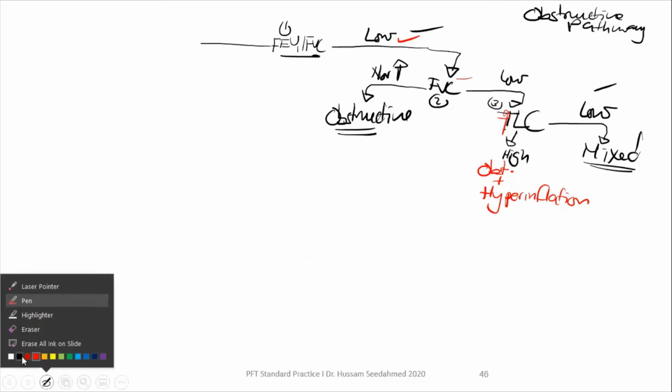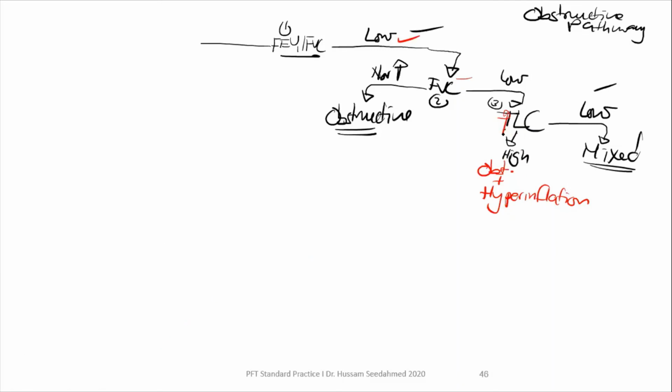Obstruction with hyperinflation. طيب الخيار الثالث إذا طلع TLC normal.